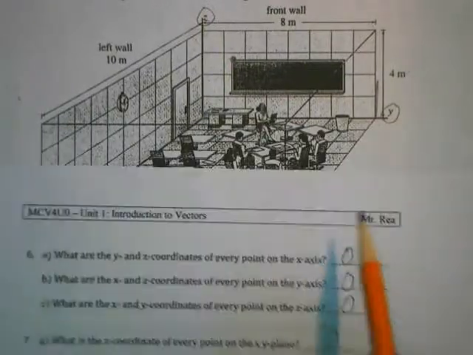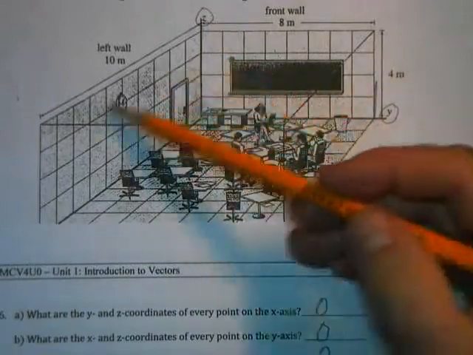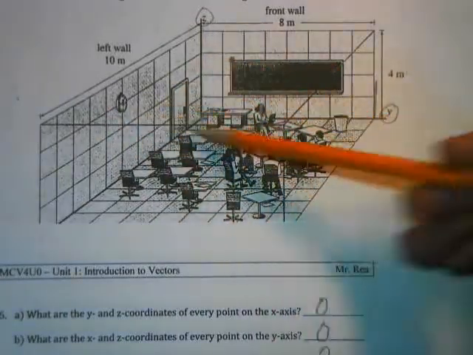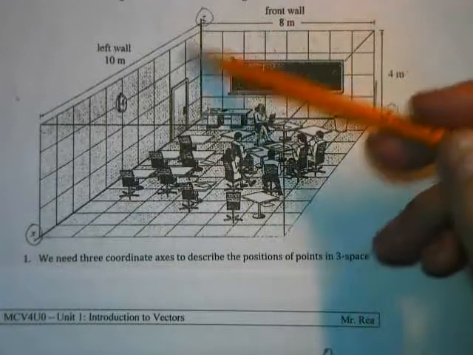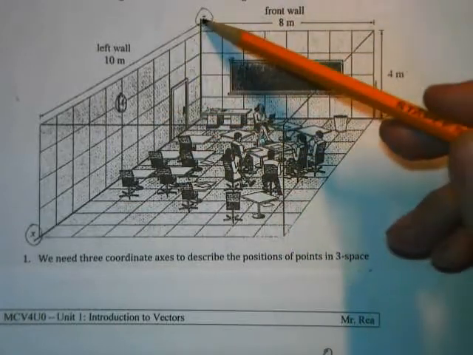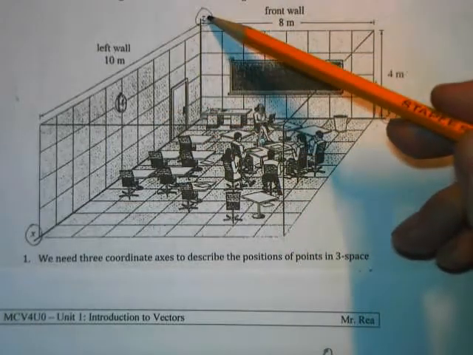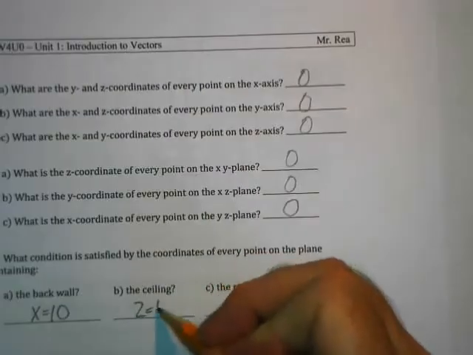Okay, what about the ceiling? Well, what's changing with the ceiling? The x and y are constantly changing as we move around the ceiling, but what's staying the same is the z coordinate, which is always 4, because that's the height of the ceiling.